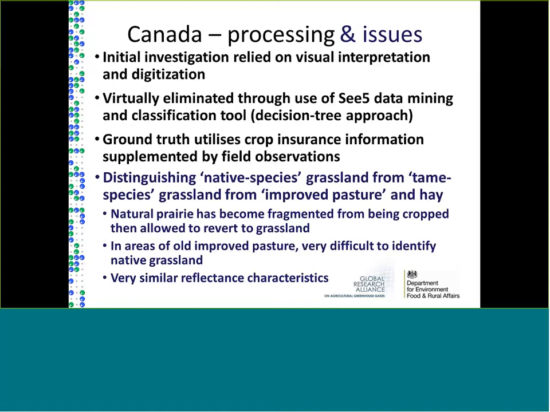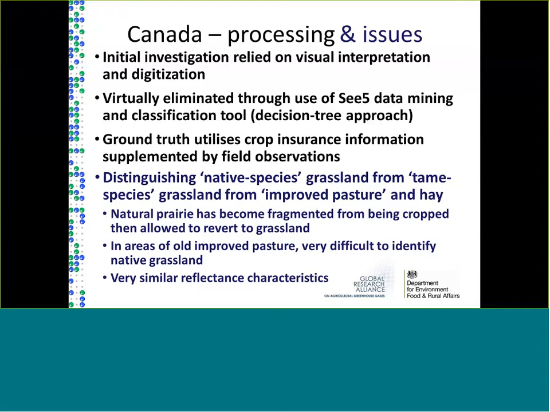The issues for Canada, the biggest one is really this issue of distinguishing between the native species of grassland and tame species grassland, again, improved pasture and hay. In the past, the natural prairies have become quite fragmented from being cropped, but then allowed to revert back to grassland.